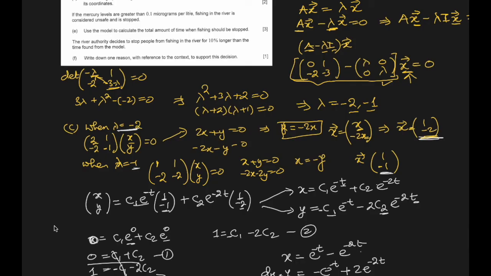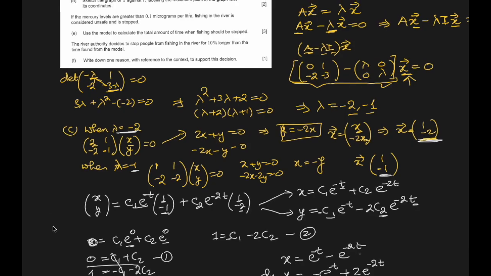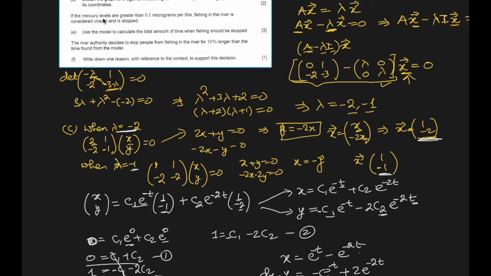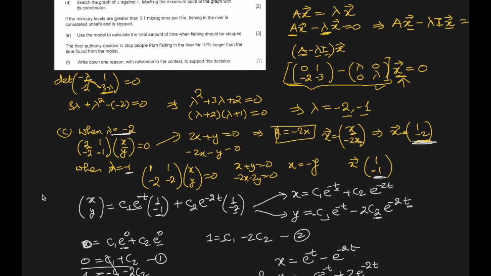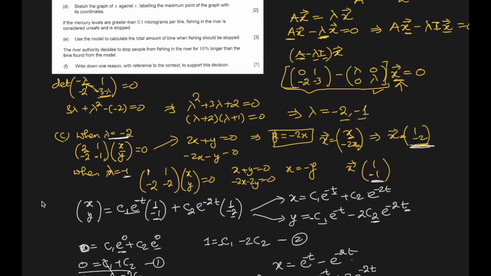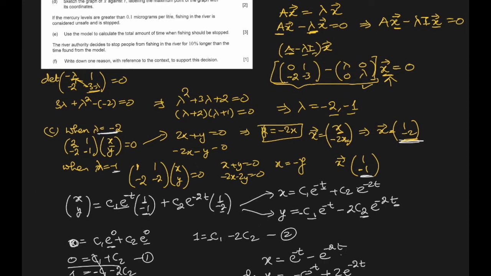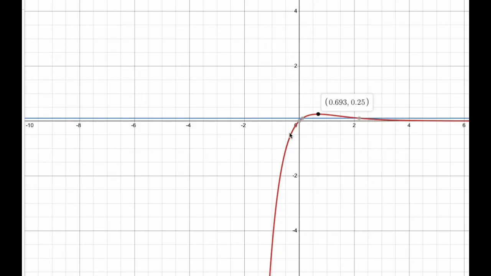Use the model to calculate the total amount of time when fishing should be stopped. They have given something before that: if mercury levels are greater than 0.1 micrograms per liter, fishing in the river is considered unsafe. It's better to use a graphing calculator for this, so let me use it. Here this blue line is x equal to 0.1, because x is the concentration of mercury, and there are 2 points, t equal to 0.12 and t equal to 2.18.